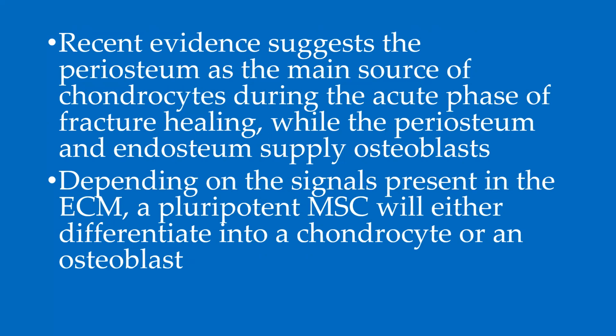I don't want you to forget, I told you the most important thing is the chondrocytes and osteoblasts. Another thing: in the periosteal layer you have chondrocytes being formed. In the endosteal area, you have osteoblasts, osteoclasts.